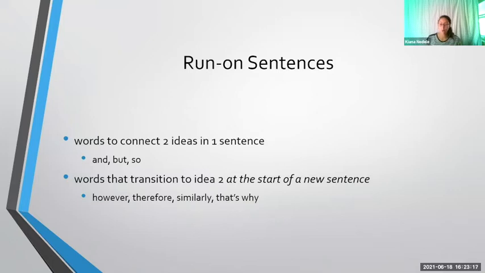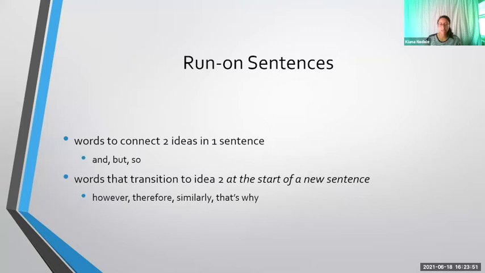Other words like however, we only use at the start of a new sentence. So if you want to say, I like winter, however, I don't like the cold, you have to put the period, the stop, and then however. So some words like that always come at the start of a new sentence are however, therefore, similarly, that's why.